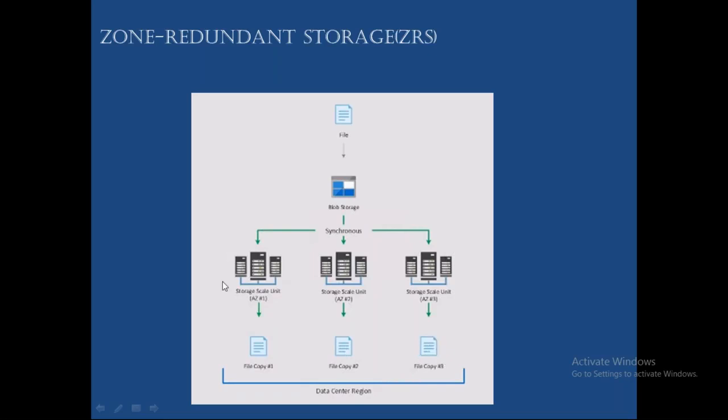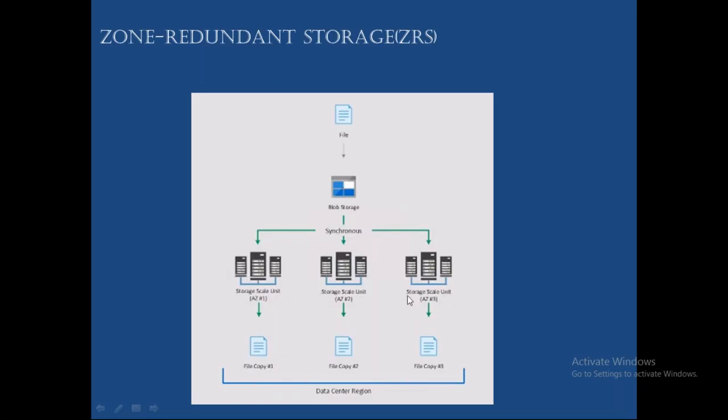Each is separated with its own hard disk, power supply, cooling system, and security. So even if 2 availability zones are gone, you will have another availability zone to give you the data.